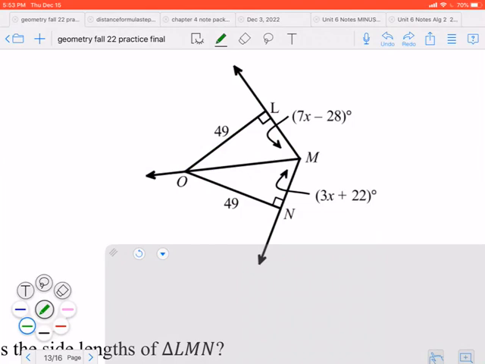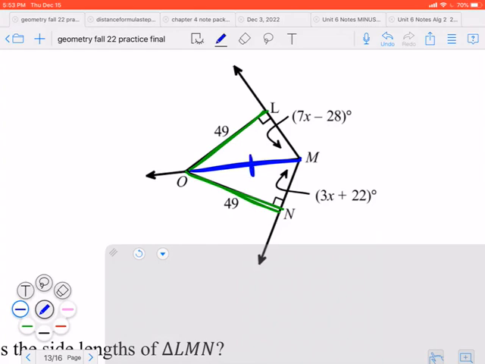They're both right angles, and they both have 49 for that leg, and they're sharing a side, which is the hypotenuse.